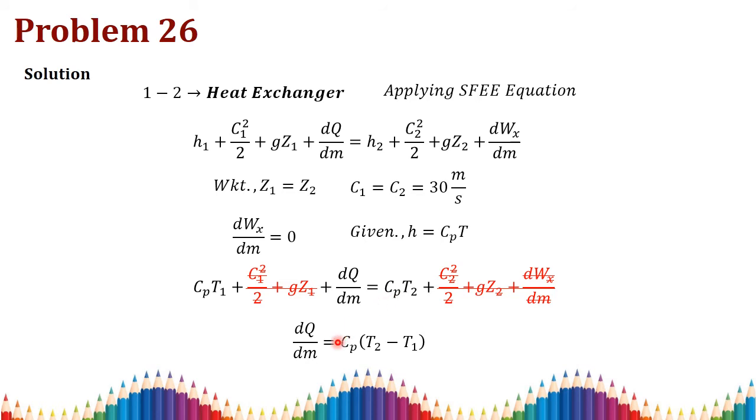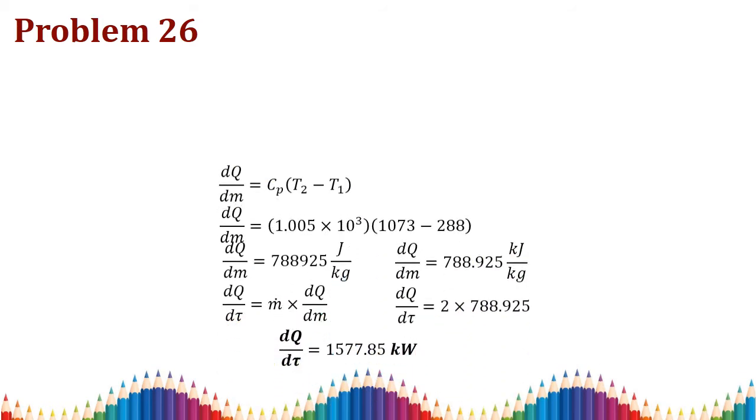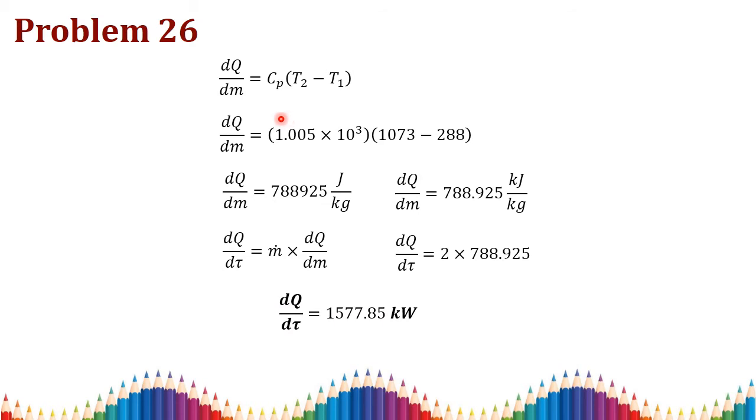For convenience I am rearranging the equation as dq by dm is equal to Cp into (T2 minus T1). We know all the values, that is Cp as 1.005 kilojoule per kilogram. Substitute the values in joule per kilogram and the temperatures in Kelvin. Then you will get dq by dm as 788925 joule per kilogram.